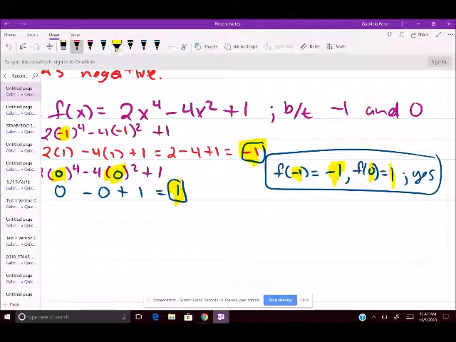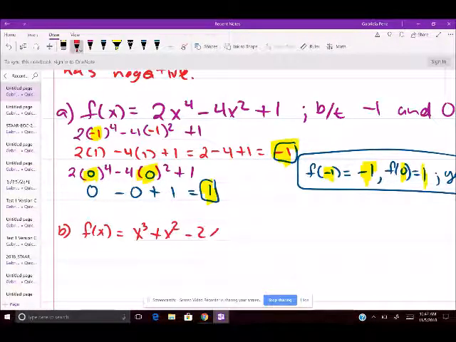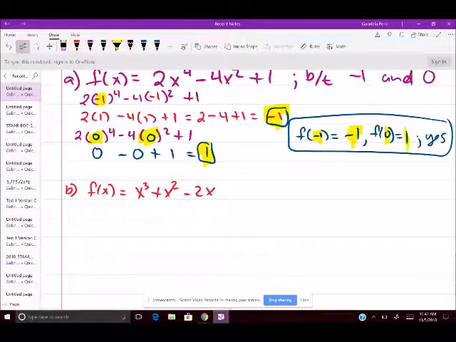So let's try one more, and that's going to be it. So for B, f of x equals x cubed plus x squared minus 2x. Now, they're going to give you different numbers.